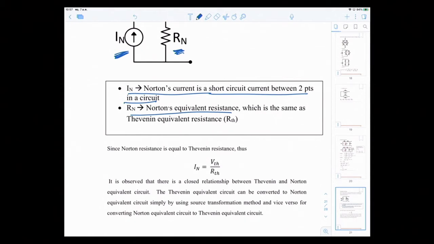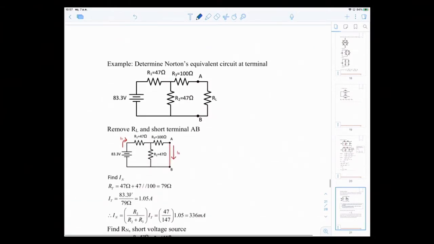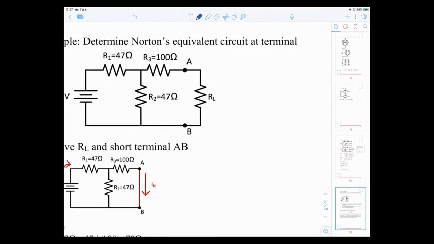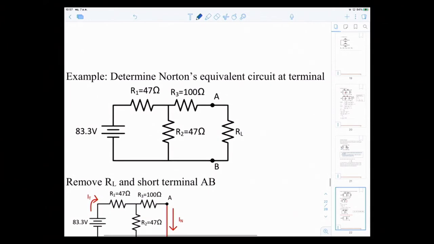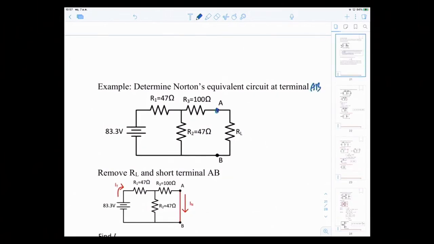So, examples right away. This is the example. I want to find the Norton equivalent circuit at terminal AB, right here. IN is a short circuit current, so first I remove RL.